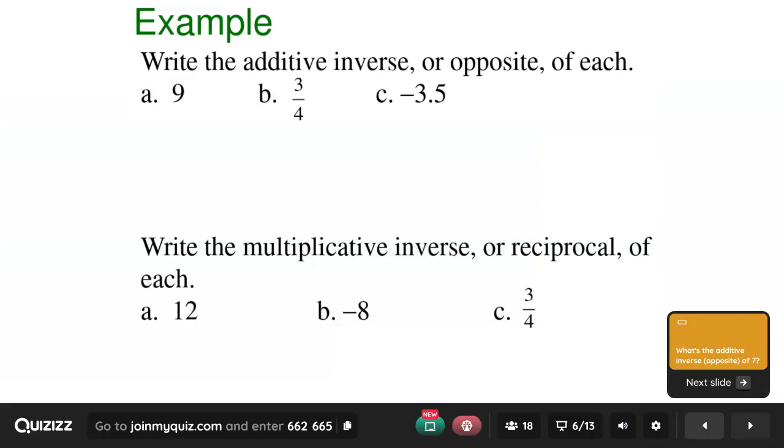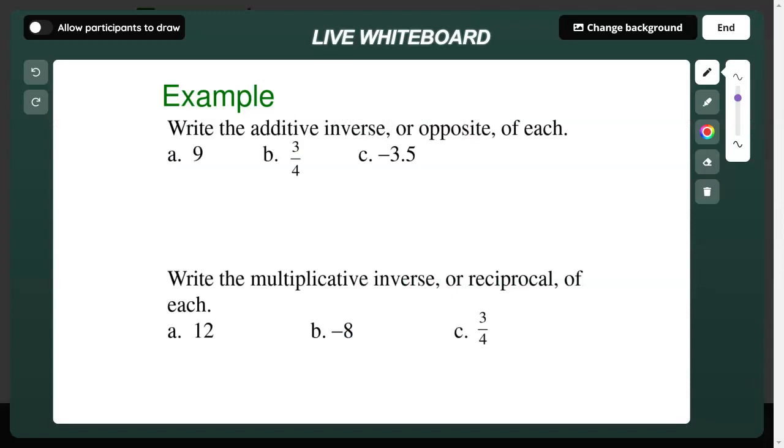So let's look at a couple real quick. The additive inverse. What's the additive inverse of 9? Negative 9. The additive inverse of 3/4. Negative 3/4. All we're doing is changing the sign of the number.